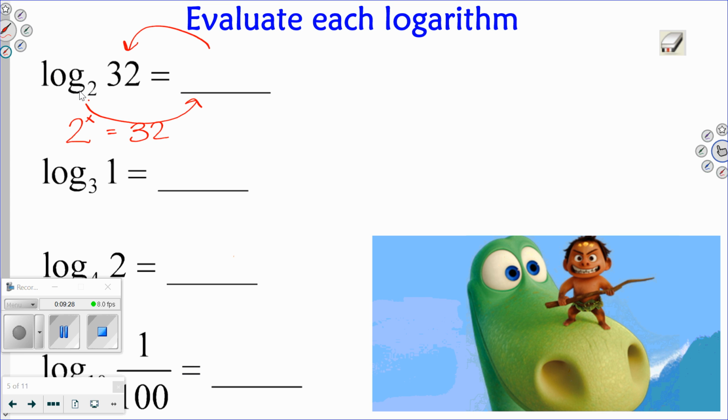Well, 2 times 2 is 4. Times 2 is 8. Times 2 is 16. Times 2 is 32. So I had 5 of them. So that is a 5.